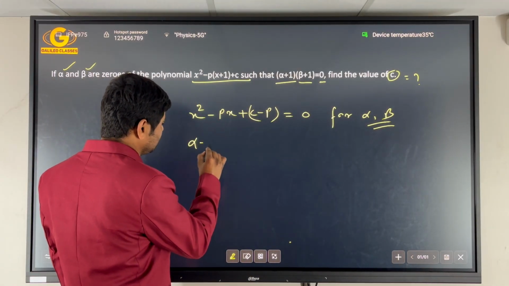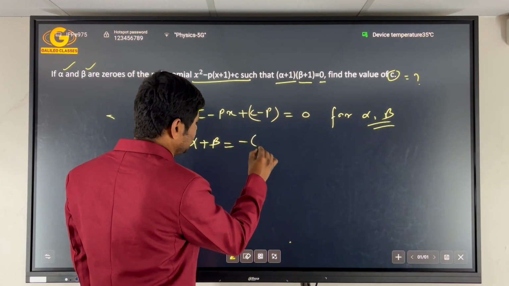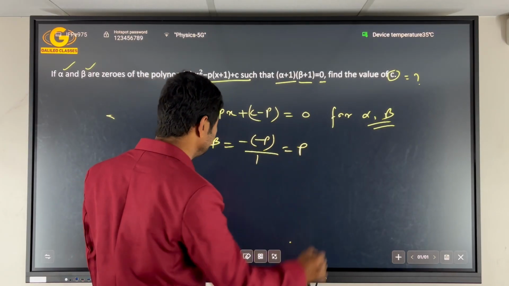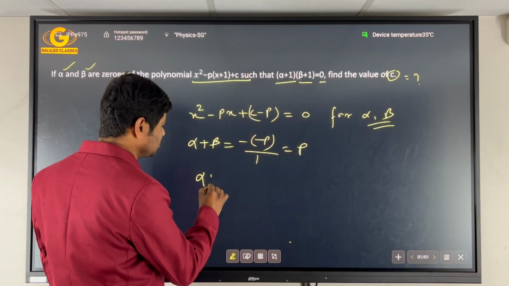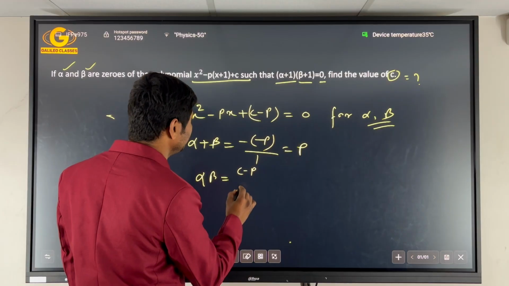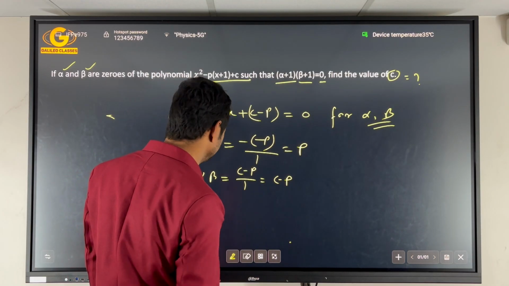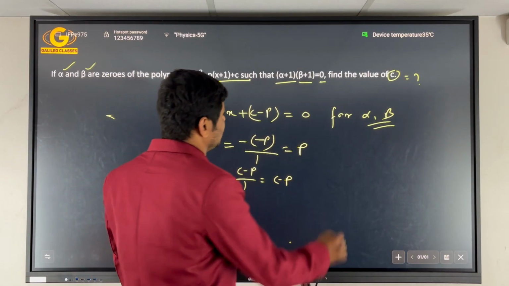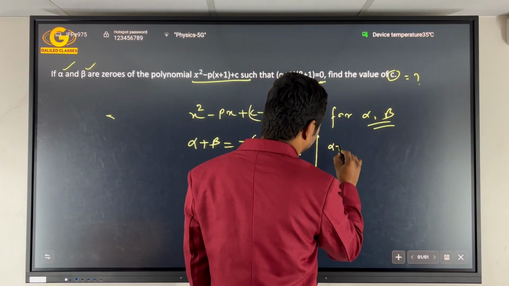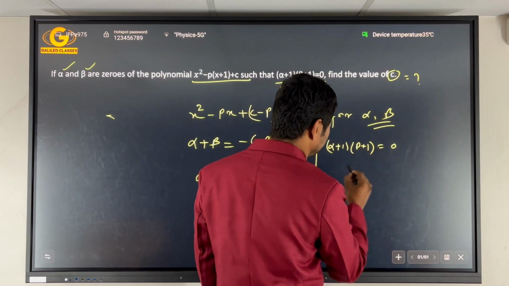So we know the sum of the roots is equal to minus coefficient of x by coefficient of x square, that is equal to p, and the product of roots is equal to c minus p by 1, that is equal to c minus p. Now this is given: alpha plus 1 into beta plus 1 is equal to 0.